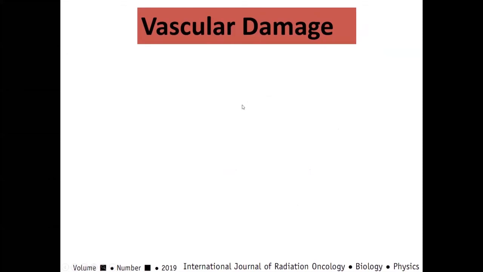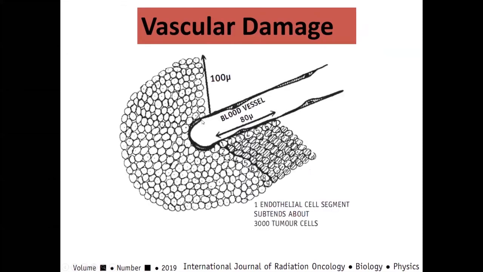We all know that tumor cells grow in a sheet around the blood vessels. It has been seen that when you deliver a very high dose of radiation, like in non-fractionated radiotherapy, it will occlude and damage the blood vessel. Now, this capillary is supplying this large number of tumor cells. Tumor cells which are nearer to the capillary are oxic, and those away from the capillary are hypoxic.